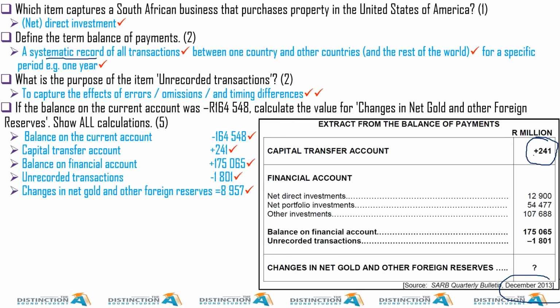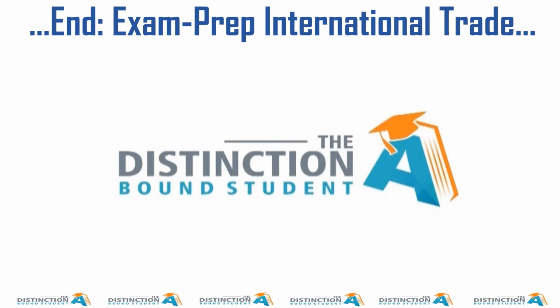I told you this will always be there, and it's a net figure, so you do what it says. If it was negative, you would have to subtract. And then the balance on the current account, you take this figure here. Then you subtract unrecorded transactions. Remember, we talked about it already. It's there to deal with any omissions or errors or timing differences. And then that will give us a change in net gold and other foreign reserves.